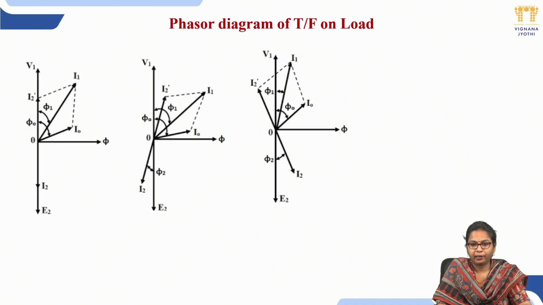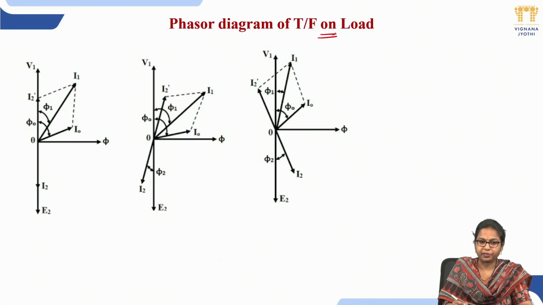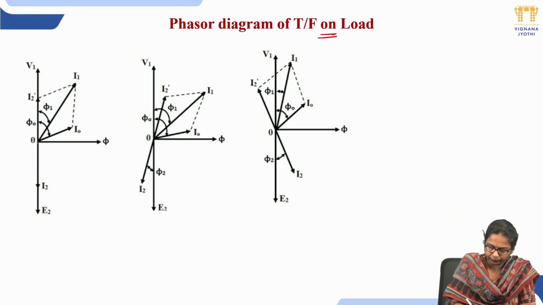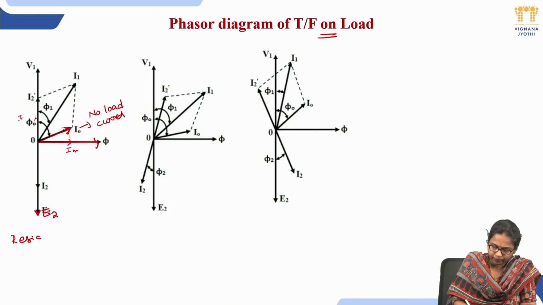Here we will talk about the phasor diagrams of a practical transformer on load condition. This is your flux, and I'm not drawing IM and IE, because of which we got your no load current. This is the no load current, and this is your E2, and let us consider resistor loading.